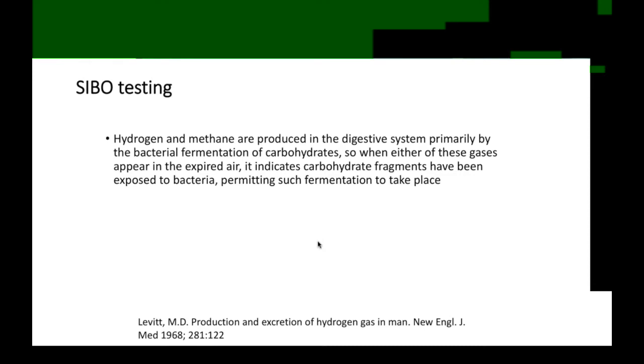So this is really the basis of testing. Normally, you will be asked to fast, and the day before, you will normally be also asked to cut out all fibre, so to be having a very white, refined type of diet to eliminate as much fermentation as possible.